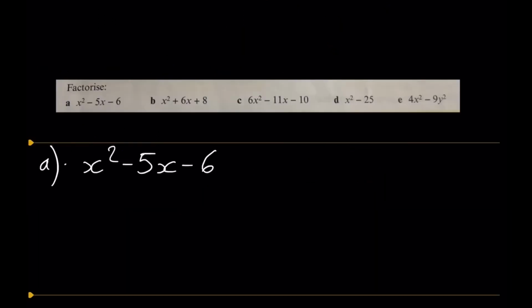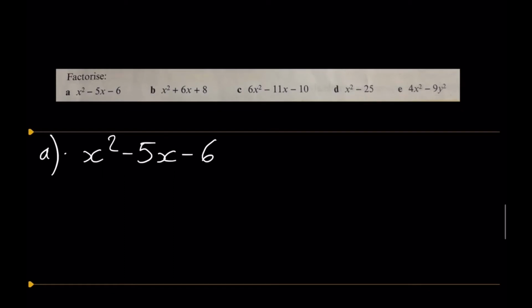Okay, now let's look at a second set of examples. The first one being x squared minus 5x minus 6. So again, to factorize this, we've got a 1 here. So 1 times minus 6 is minus 6.